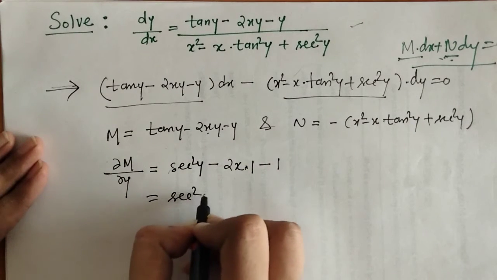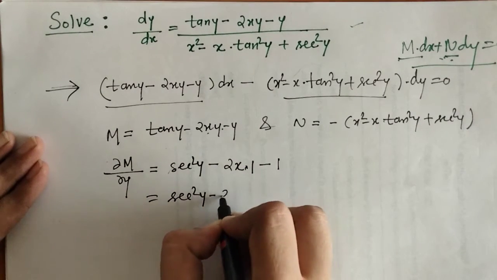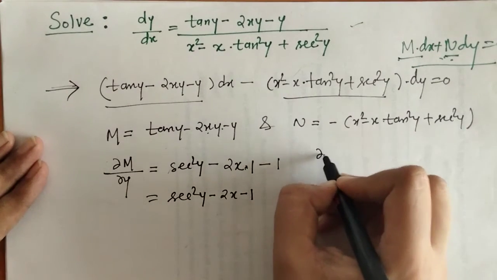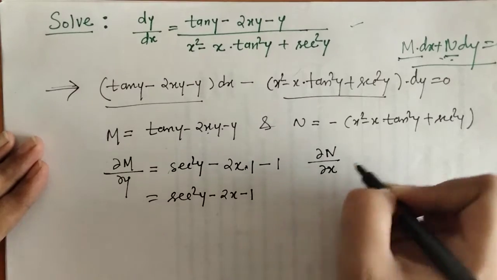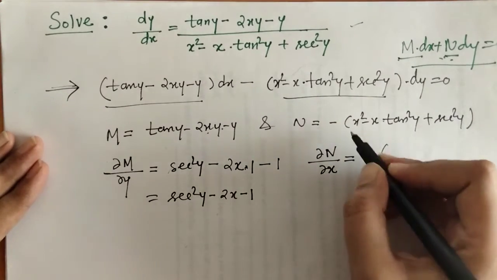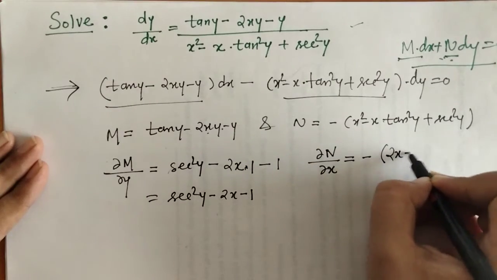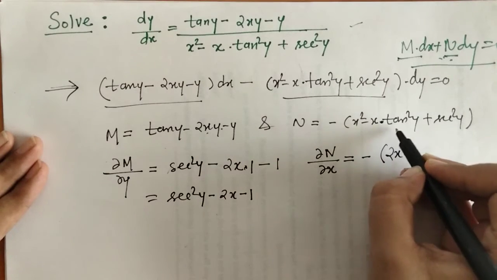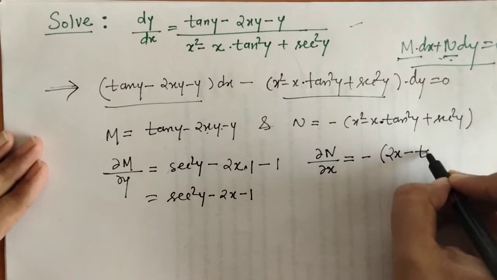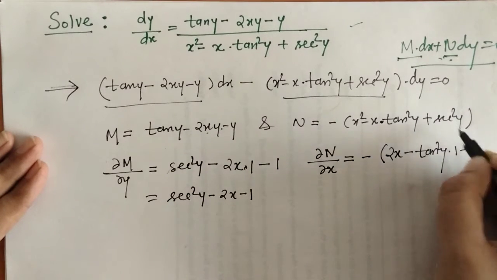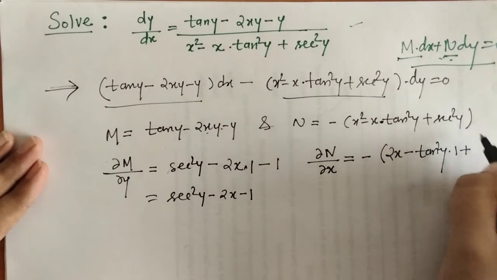So we got sec square y minus twice x minus 1. Now we will find the differentiation of N with respect to x, right? So here we have minus, the derivative of x square is twice x, minus tan square y is a constant, times the derivative of x, which is 1, plus x square times the derivative of y, which is 0, right?